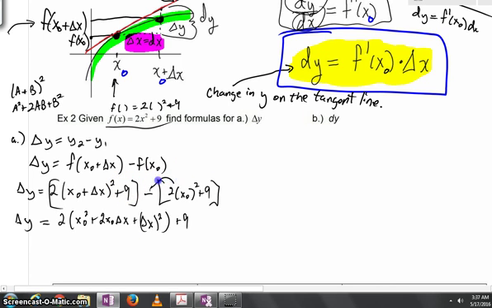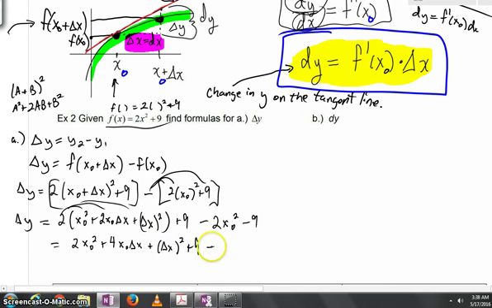Here I'm going to begin to just distribute this negative. This part isn't nearly as tough. We've got minus 2 x naught squared. Distribute a negative here, you get a minus 9. I'll distribute the 2 to everything in here. We'll get 2 x naught squared plus 4 x naught delta x plus 2 delta x squared.